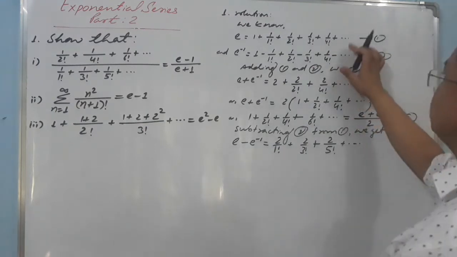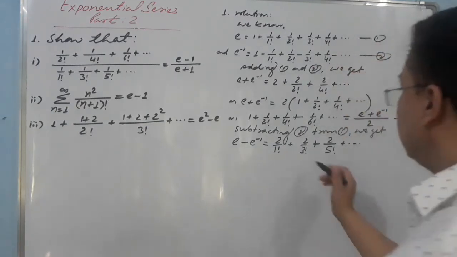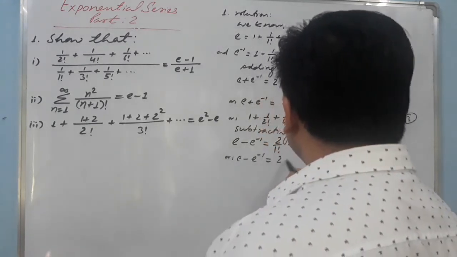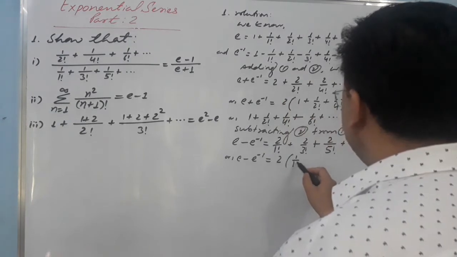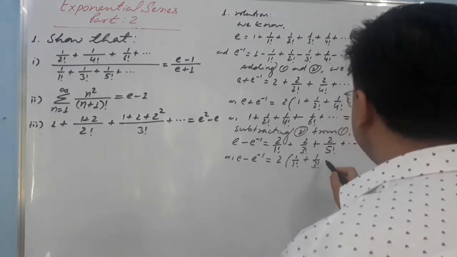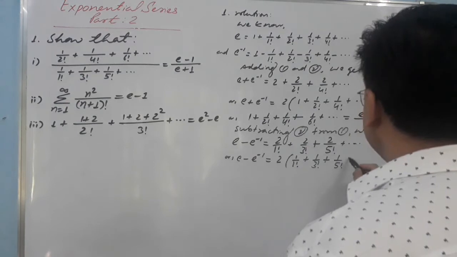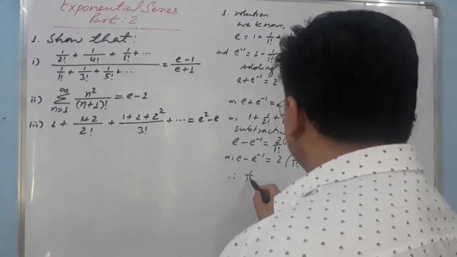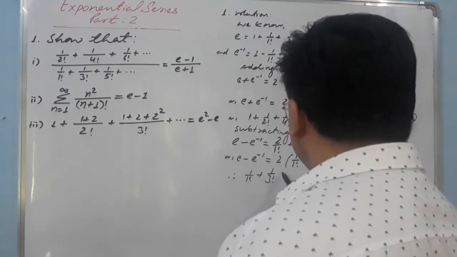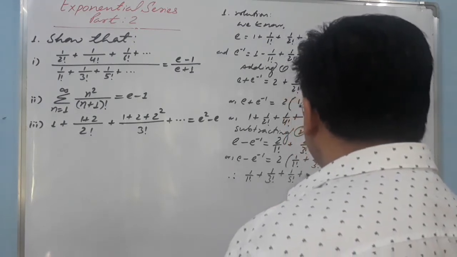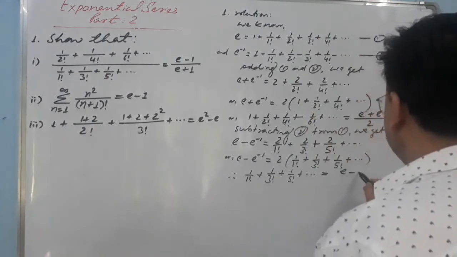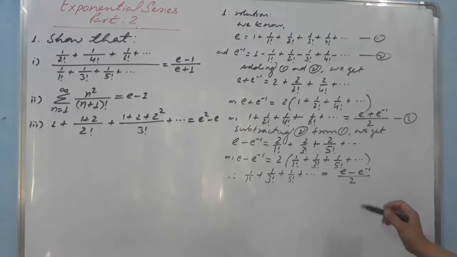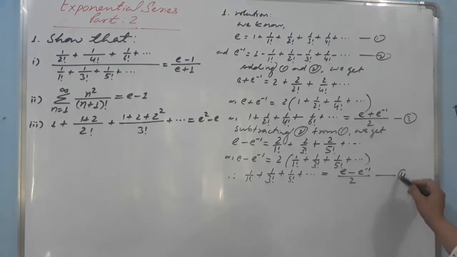Or e minus e raised to power minus 1 is 2 times 1 upon 1 factorial plus 1 upon 3 factorial plus 1 upon 5 factorial and so on. Therefore 1 upon 1 factorial plus 1 upon 3 factorial plus 1 upon 5 factorial and so on is equal to e minus e raised to power minus 1 upon 2. Let's say this is 4.